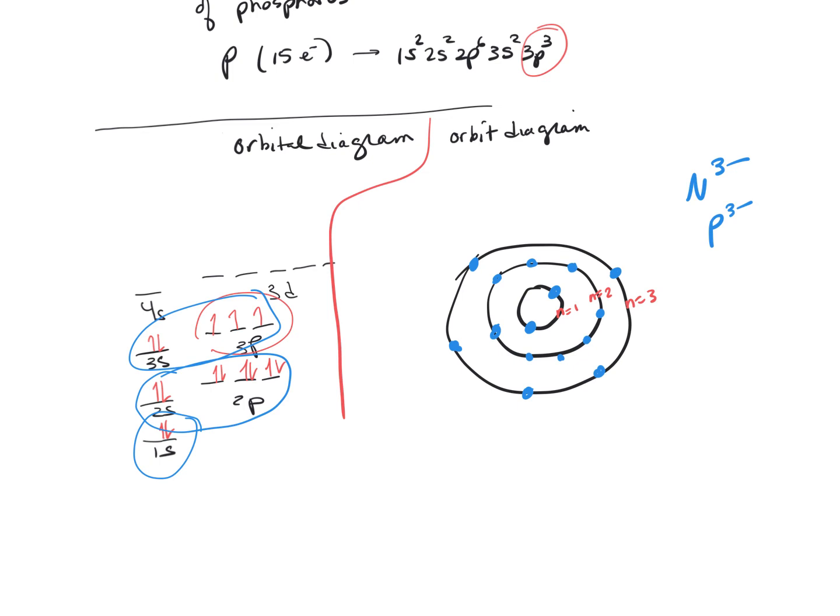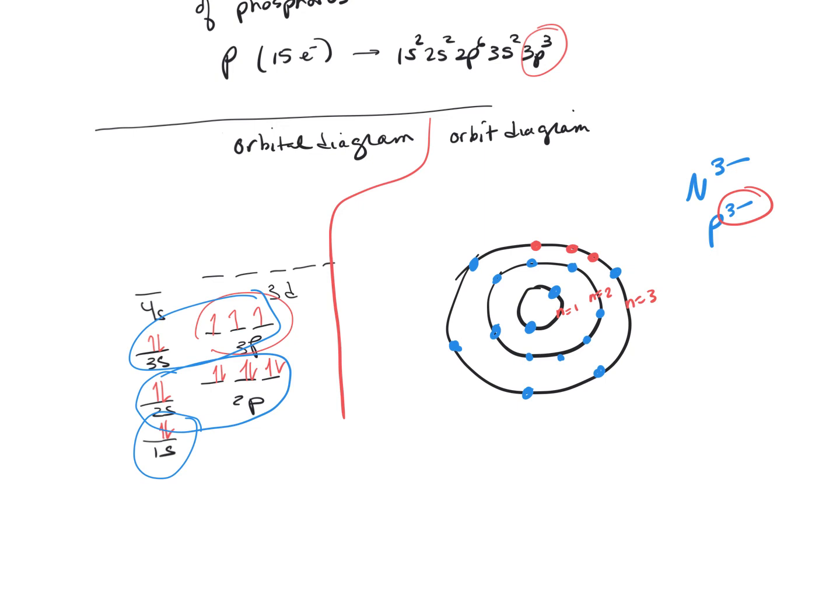N equals 3 can either be 8 or it can be 18, depending. But in this case, phosphorus wants 3 more. I'm going to put them in, 1, 2, 3, in order to have 8 total at n equals 3. And so that's why you're adding 3 negatives, and that's why you get the designation P3-.